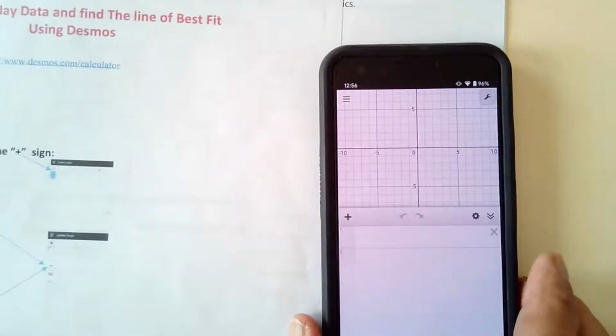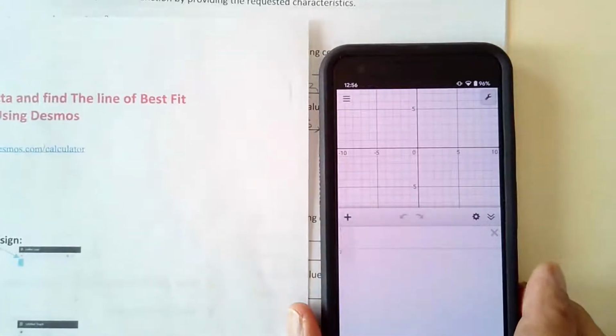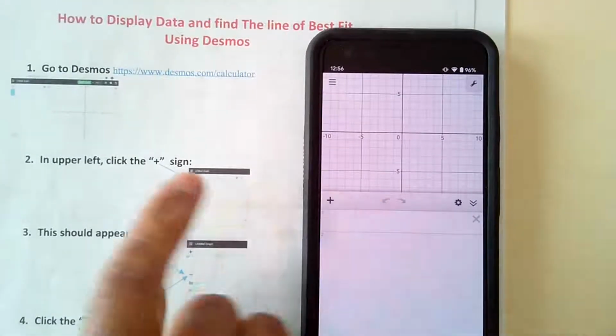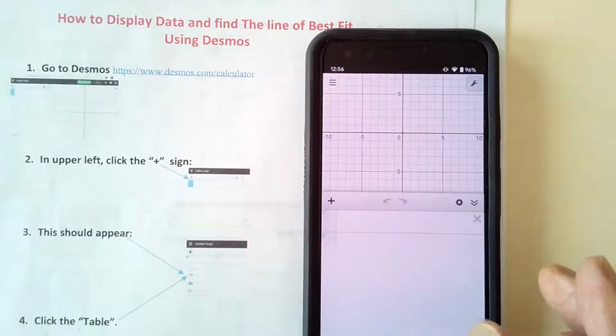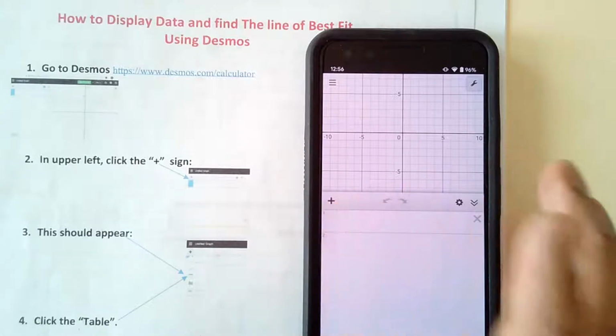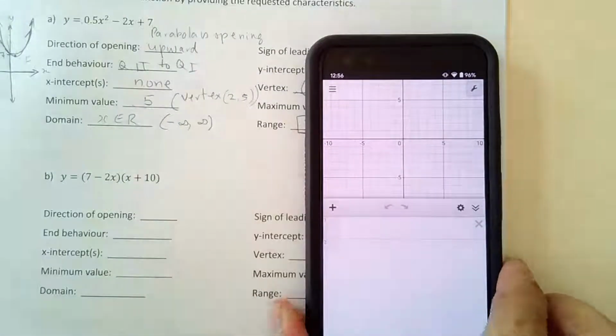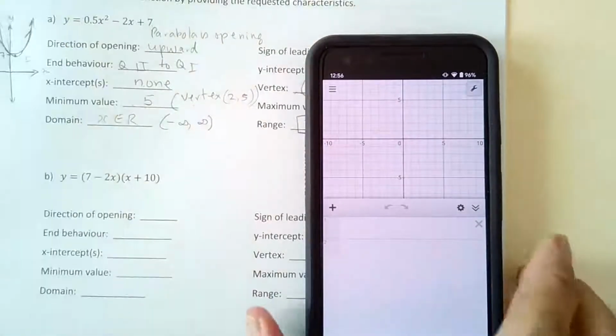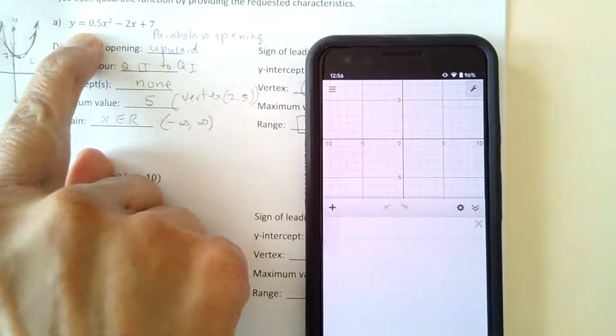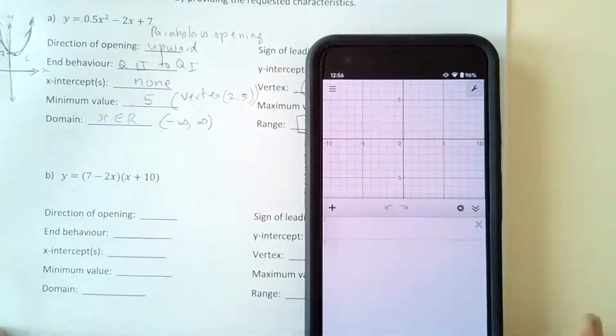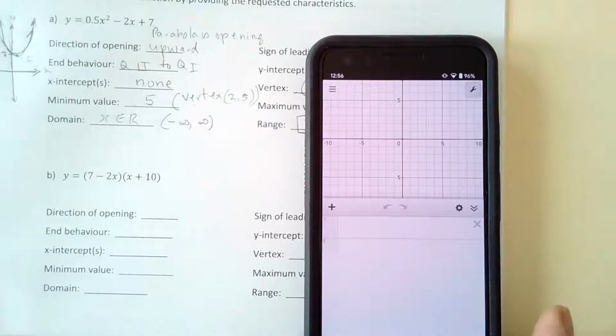Okay, go back to our instruction sheet. So on our instruction sheet, I already have Desmos open. So we don't have to do any clicking here. We just want to input the equation. Right? So all we're going to do is put the equation exactly as it is here. That's all there is to it. Okay, in terms of putting in the equation.